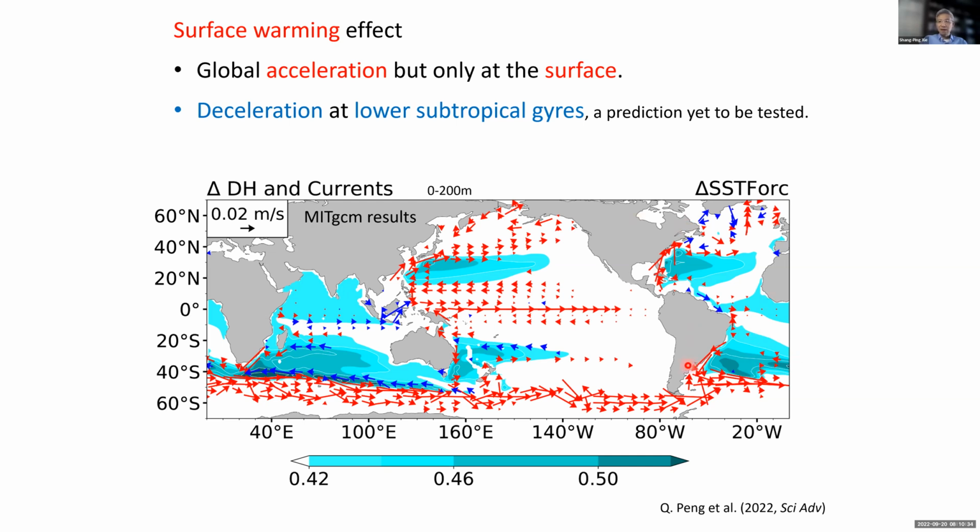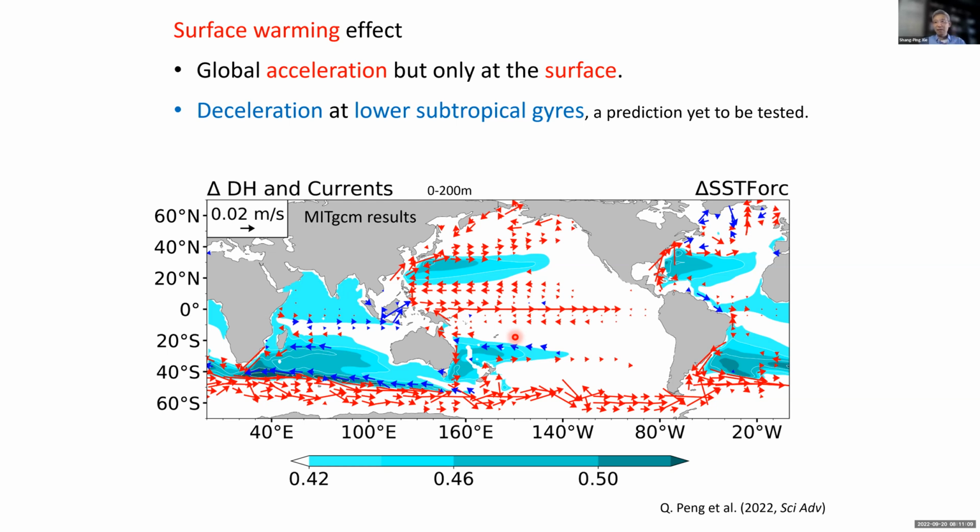Another strong acceleration happens in the Southern Ocean, in the Antarctic circumpolar current, ACC. You just see this robust acceleration across the Southern Ocean, and this change is robust across all the CMIP models as well. So basically, when we impose surface warming, the global surface circulation accelerates.